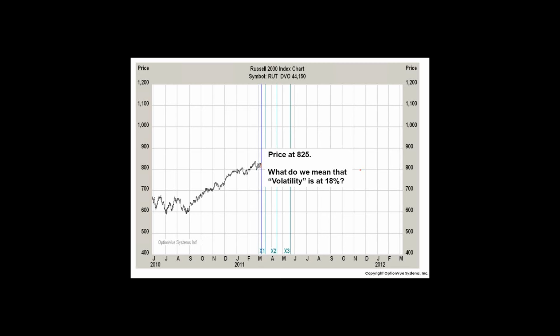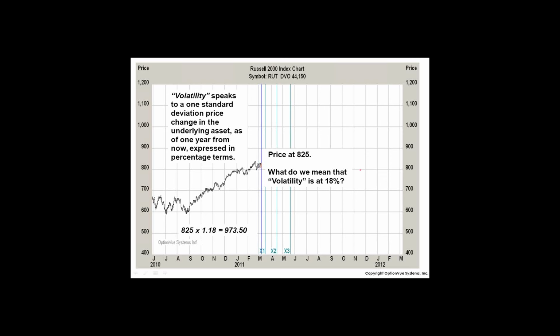What do we mean that volatility is at 18%? Remember, 1 standard deviation price change in the asset as of 1 year from now, expressed in percentage terms. So let's look at this, 18%. If we take 825 times 1.18, that gives us a price of 973.5.